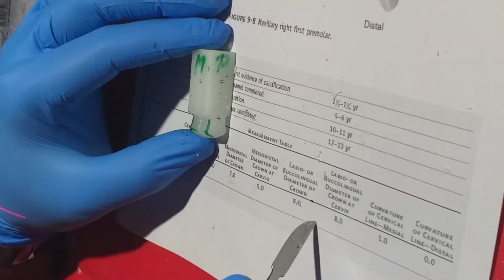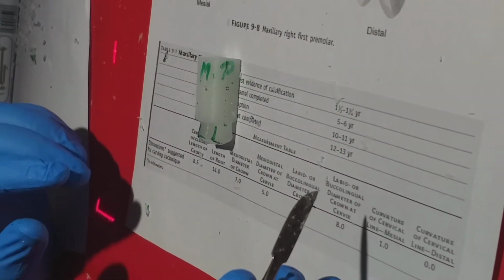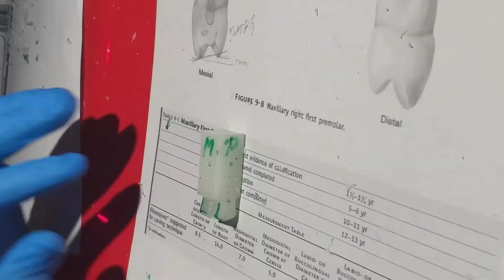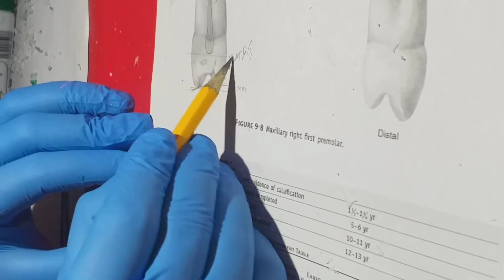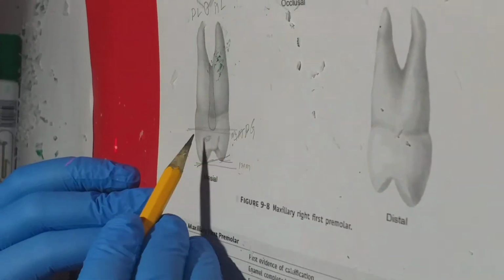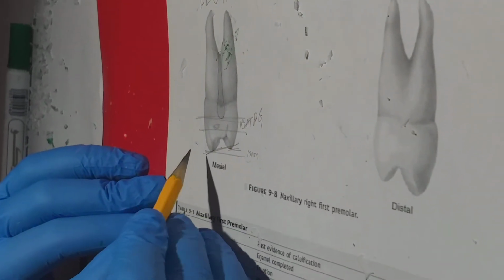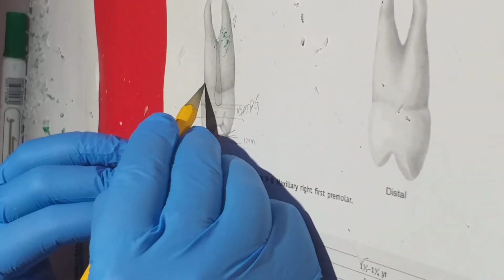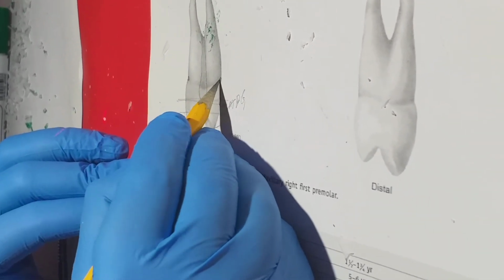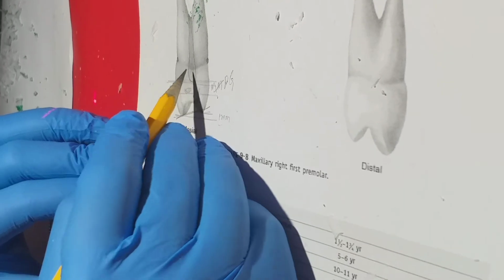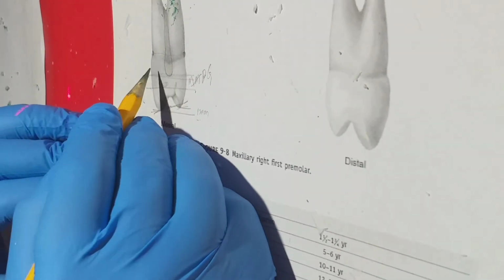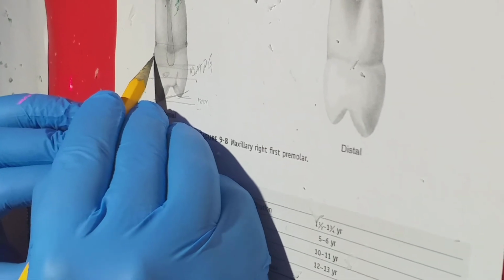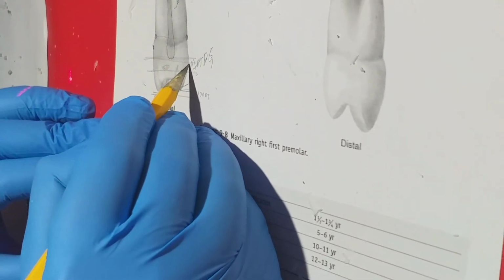So now what I have to do is draw the outline. Same thing, I need to know these points. I divide this into 3 parts. I need to know the labiolingual or bucco-palatal diameter of the crown and the cervix, and the crest of contour, here in the middle of the middle third.